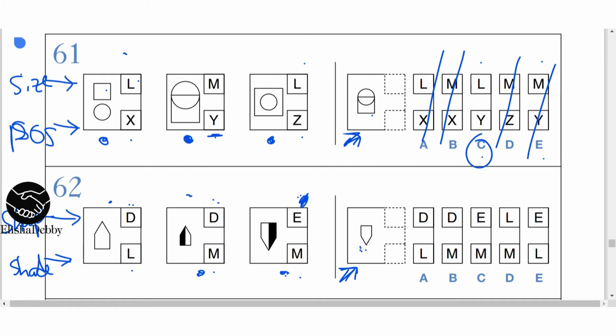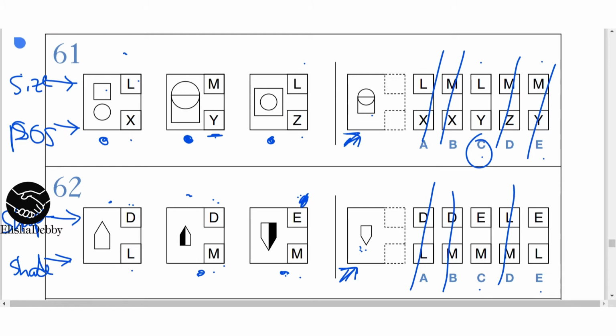So I eliminate whatever is not E at the top. I'm left with either C or E. So I'll go back to the second letter. That's the shade. I can see that the shade M is when it's divided into two: one side is dark and the other is light, one side is shaded, the other is not shaded.